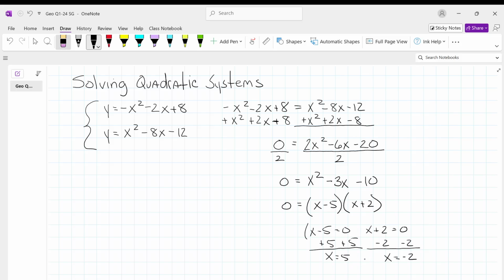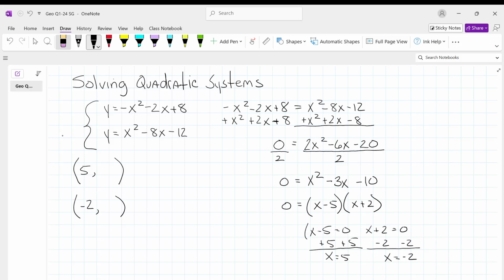Now, we got to substitute both of those into one of these equations. So what I'm going to do next is just put my 5 in parentheses, and I'm going to wait for my y, and then I'm going to put my negative 2 in parentheses, and I'm going to wait for my y. Here's what I mean.